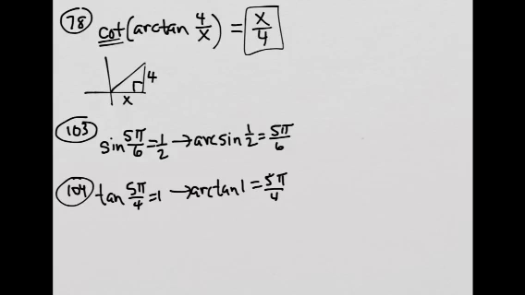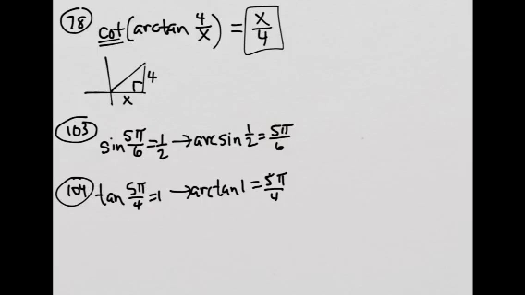Alright, so 103 and 104 are already on the screen, and you have to say true or false. Even though the left side is true for both of them, there is nothing wrong with it. It's completely true. The inverse, though, is not, because for number 103, 5 pi over 6 is not within negative pi over 2 and pi over 2, that one-to-one piece.